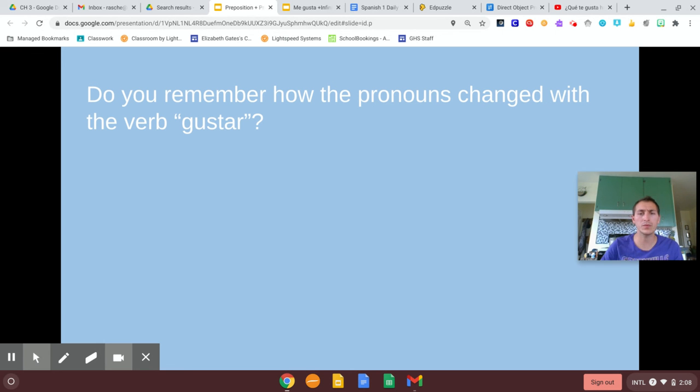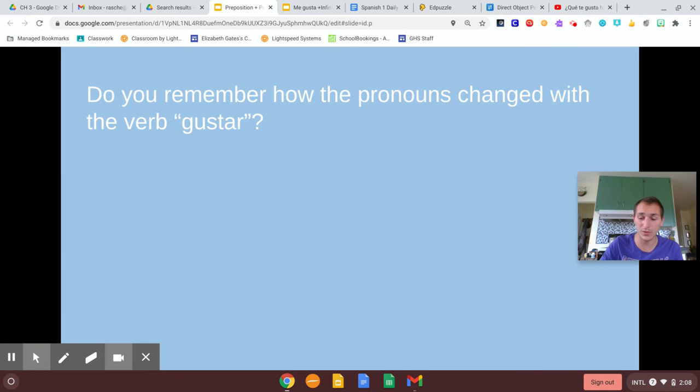So do you remember how the pronouns changed with the verb gustar? Remember when we used phrases like a mí gusta jugar videojuegos, or a ti gusta, a él gusta. There are little pronouns in there that are different than the ones we learned today.